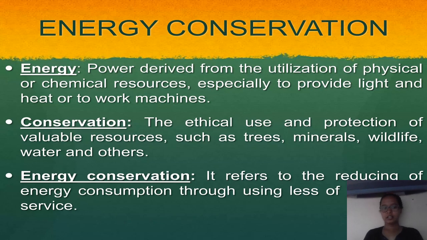And then conservation: the ethical use and protection of valuable resources such as trees, minerals, wildlife, water, and others. So we have learned about energy and conservation, and now let us see what energy conservation is. It refers to reducing energy consumption through using less of energy services.